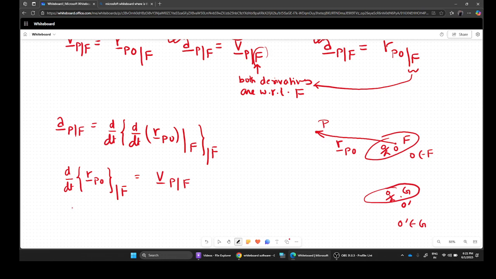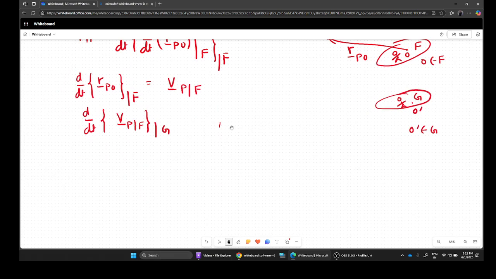Now suppose one computes a quantity like this. What is this quantity? Now if you look at the SI units of it, it will indeed be meters per second square.